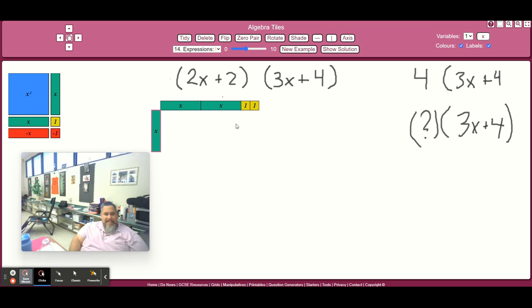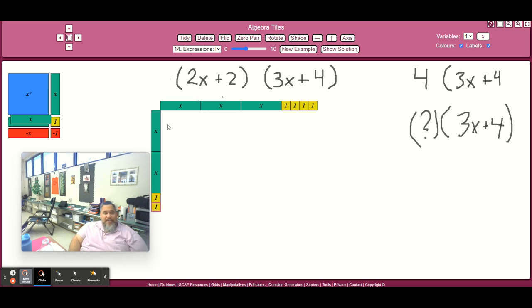Well, actually, I'm going to switch that because 3x is longer and I have more room there. So we're going to say 3x, and then 4 is on top. And then on the width, 2x plus 2. There we go. All right.